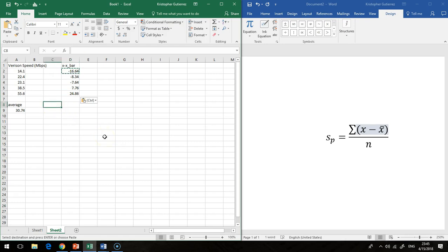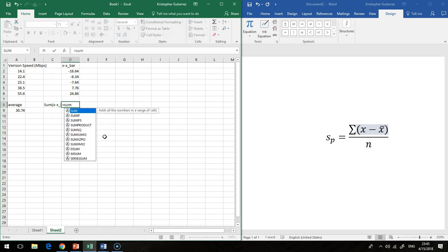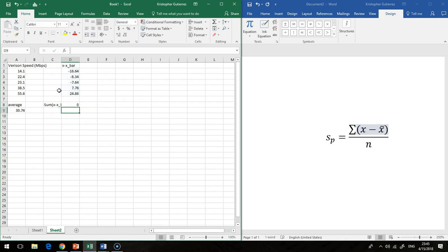And here I will have the sum of x minus x bar, which is going to be equal to all this. And that gives us 0.